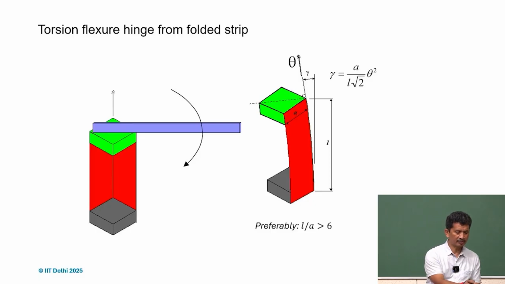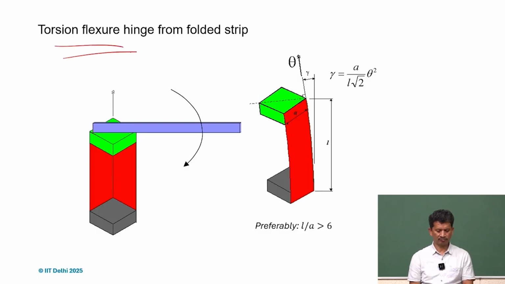Moving on, there are some flexures. When we covered design for stiffness, we talked about certain cross sections which are torsionally compliant. When we try to rotate, they can rotate easily, and the stiffnesses are not very high. So we can use those kinds of structures and cross sections to get very good torsion flexures.